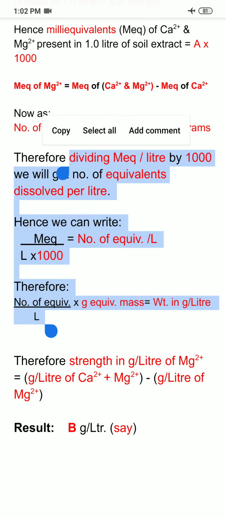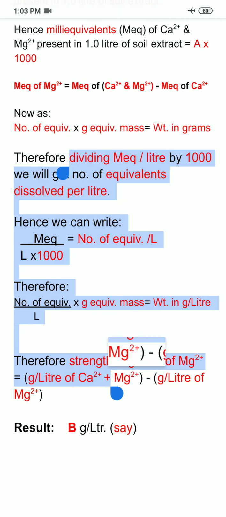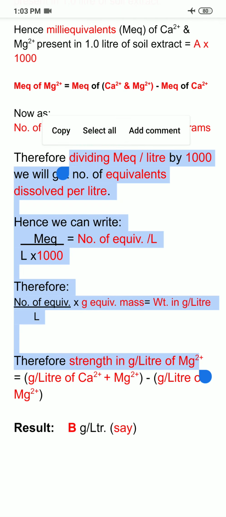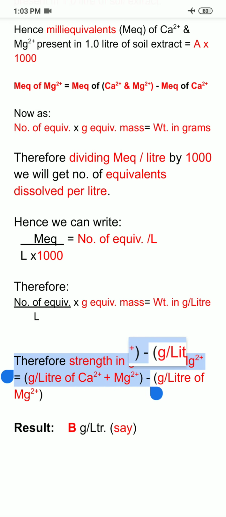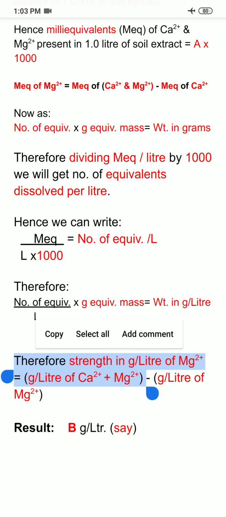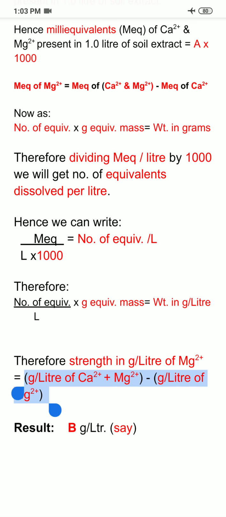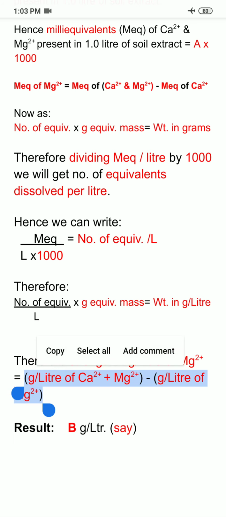So by calculating the weight of calcium and magnesium in grams per liter, and independently that of calcium dissolved per liter of soil extract, and then taking the difference of the two, we can determine the strength of magnesium. So the strength of magnesium in grams per liter will be equal to the strength of calcium and magnesium in grams per liter minus the strength of calcium.